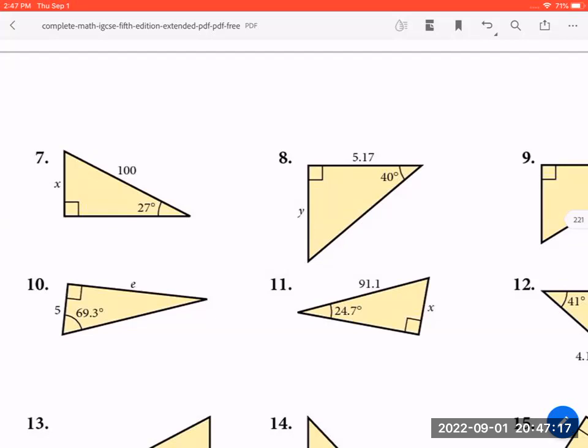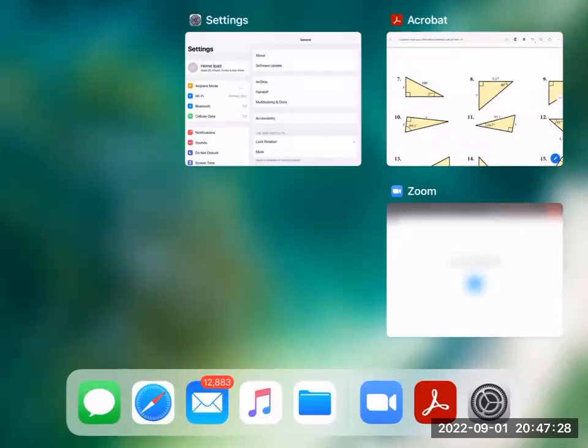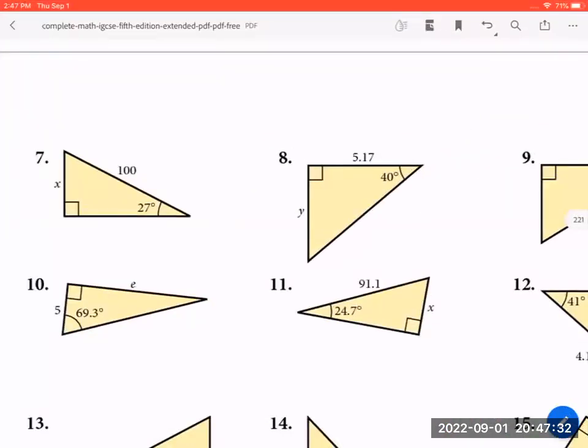Did you start number 7? Yes. The answer is 45.4.